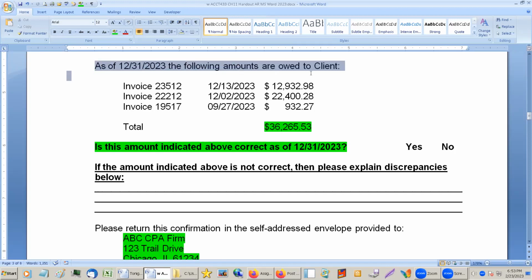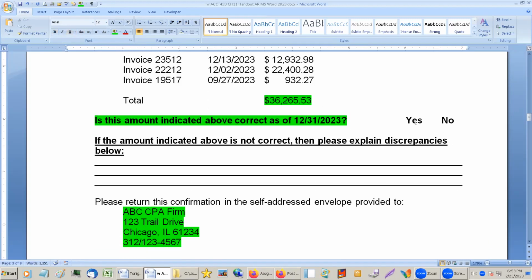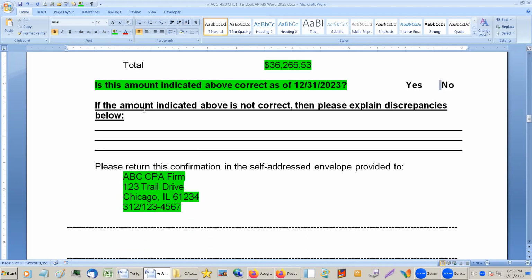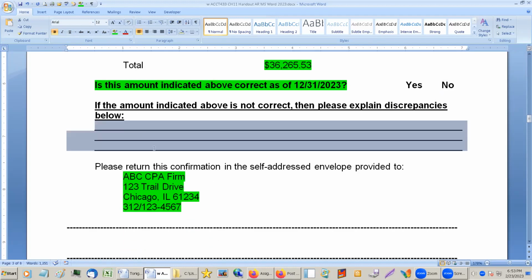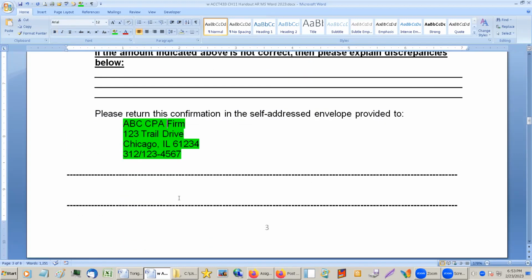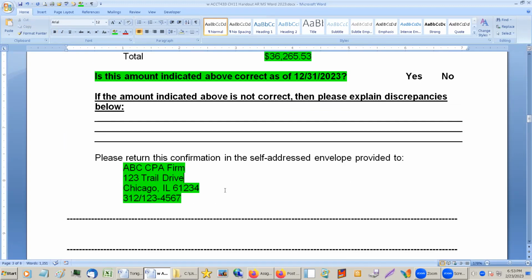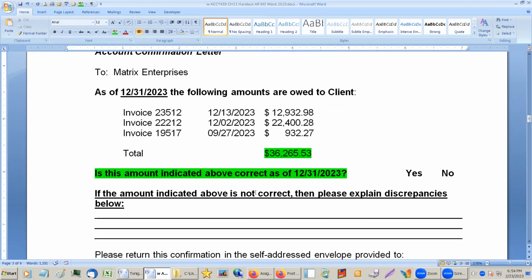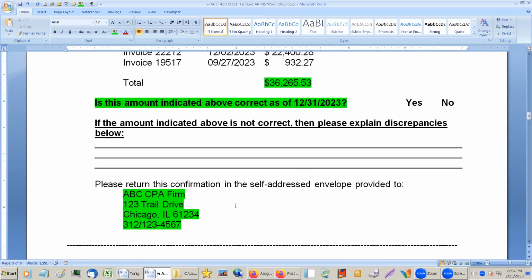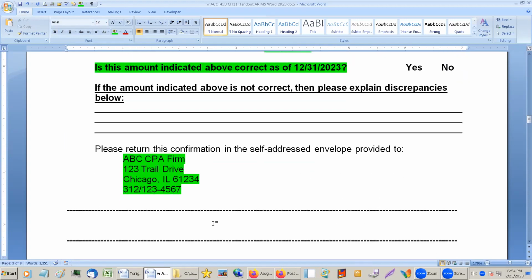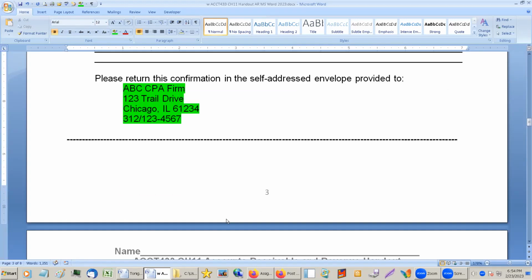As of December 31st, did you owe this amount? And if they say yes, that's fine. If they say no, then if it is not correct, they explain, and you'll write down here what your explanation is, and return that to the CPA firm. Now, you have to collect all of these. This is a positive one, so if you send out 100, you've got to collect 100.